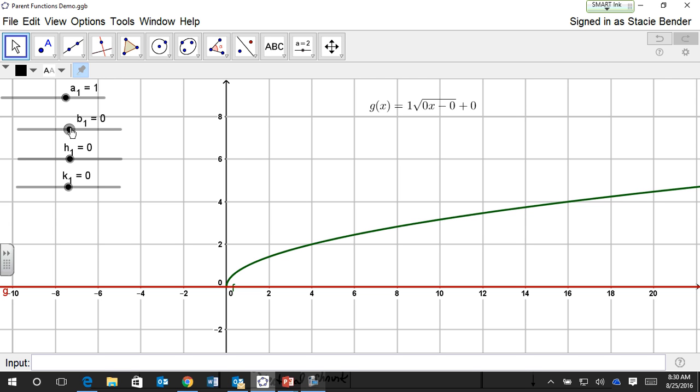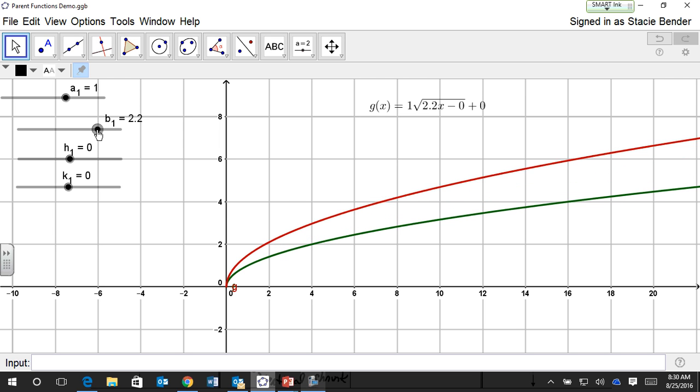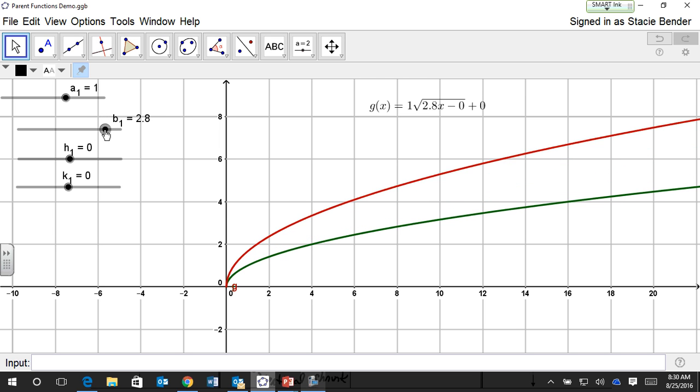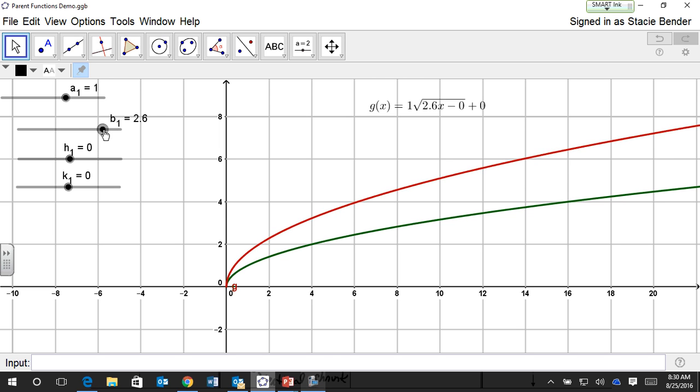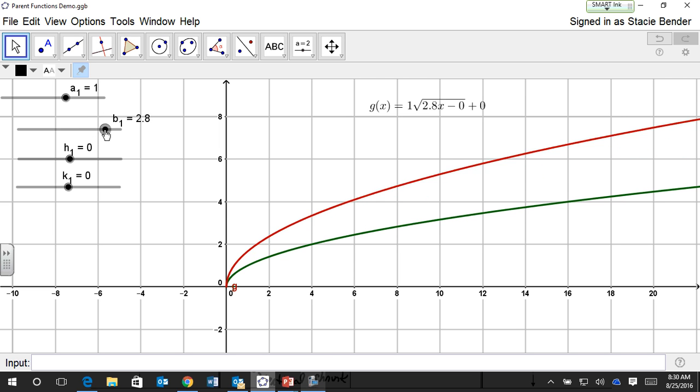It's making it go whole side to side horizontally. And when it's bigger than 1, what's it doing? Shrinking it horizontally. Does that make sense? Okay, so it's the opposite of what we saw before. Shrinking it horizontally.